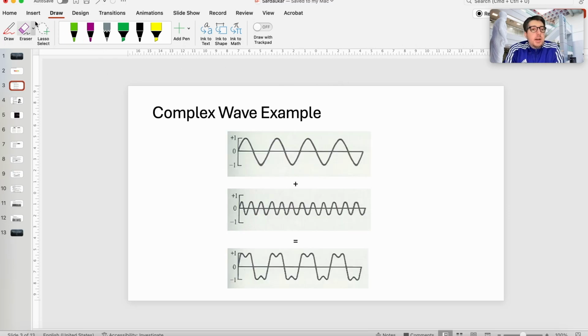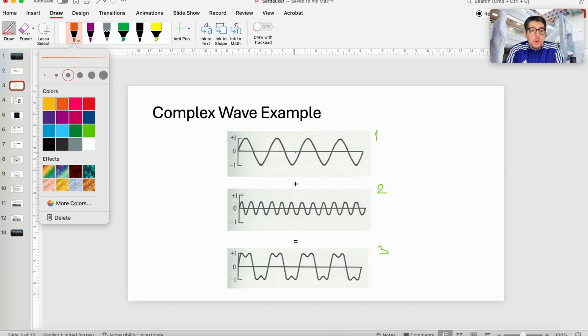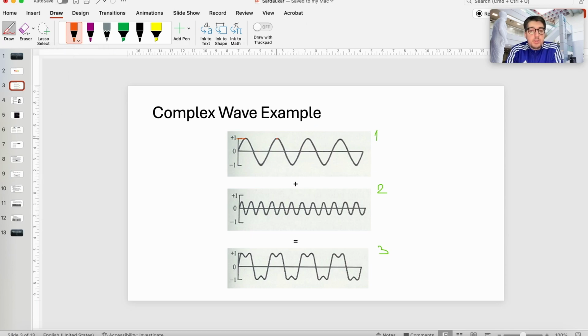Now, how do we get a complex wave? Well, we have a simple wave, number 1, and we add it to another simple wave, number 2, and we get a complex wave. This simple wave, number 1, has the amplitude of 1 and frequency of 4. So 1, 2, 3, 4.